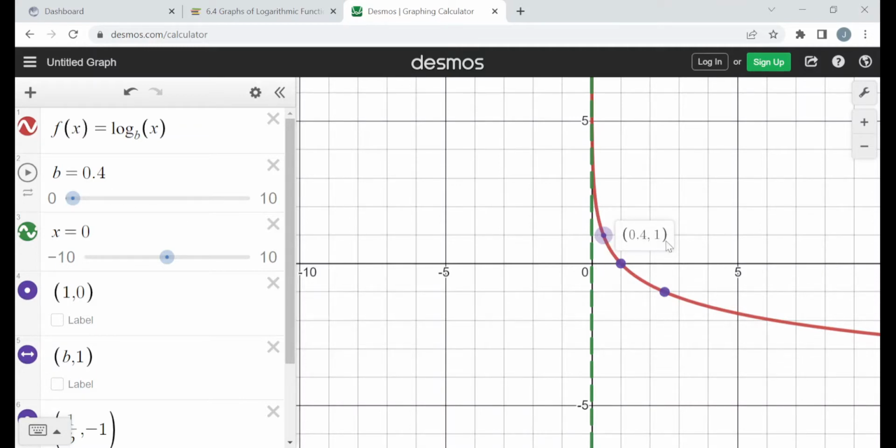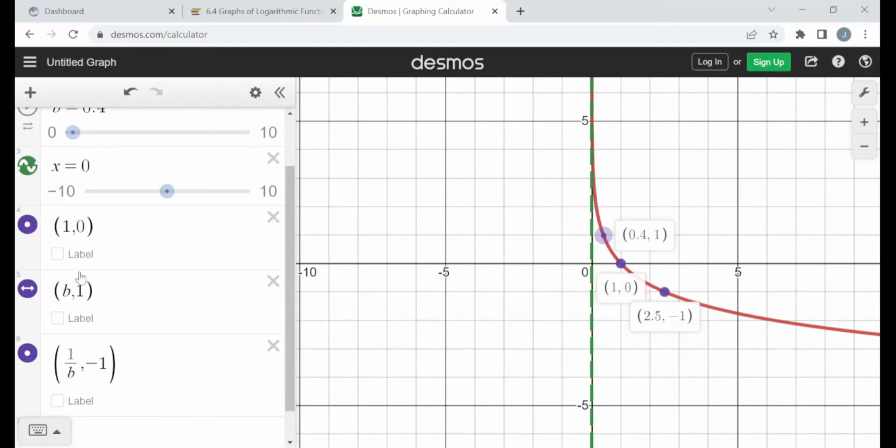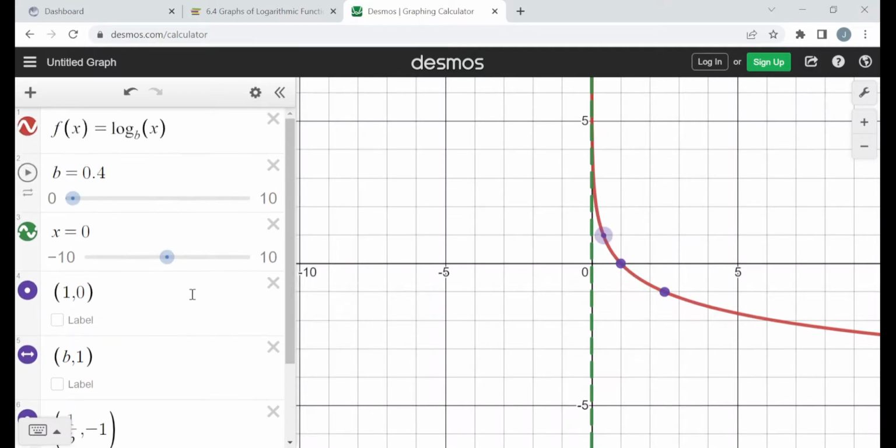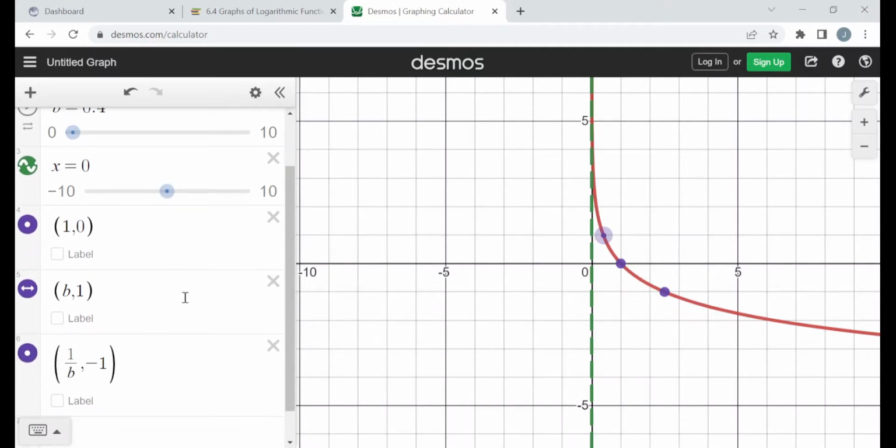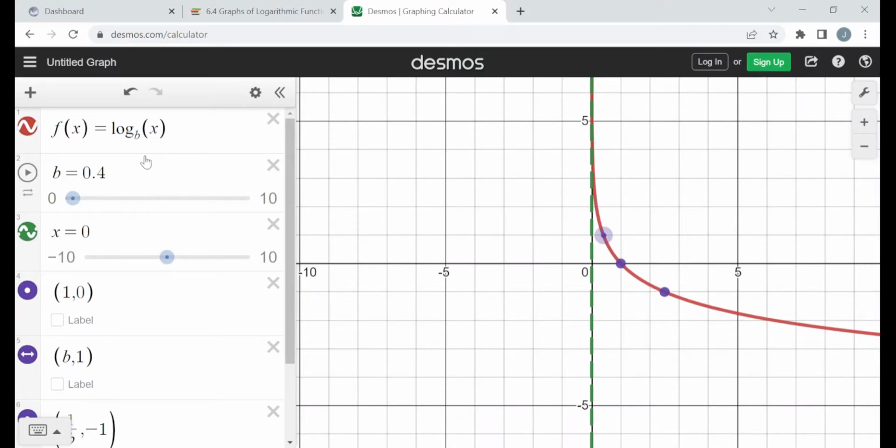There's (b, 1), and then (1, 0) is on all these basic logarithmic functions, and then 1 over b would be 2.5, and then negative 1. The 3 points I put here are the ones that are labeled, and they're always on this basic logarithmic graph.